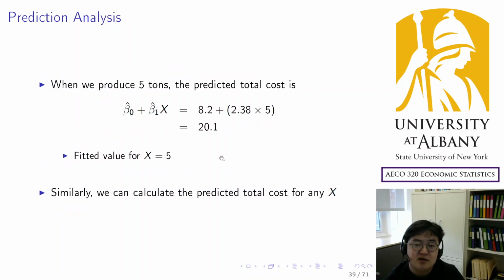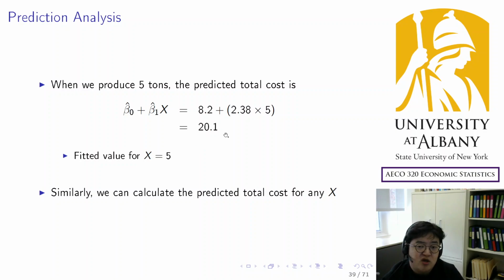Multiplication and addition, and the answer is 20.1. So for prediction, of course, there is nothing special. Of course, this may be wrong. You need to understand that. It is just a prediction, and always has a possibility to be wrong.